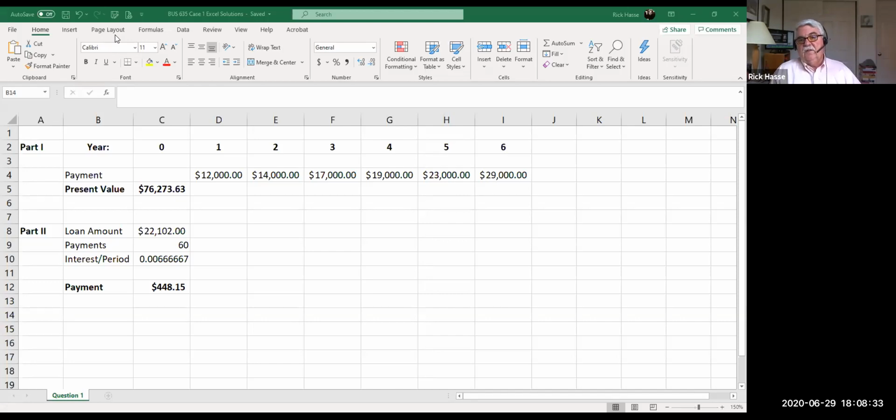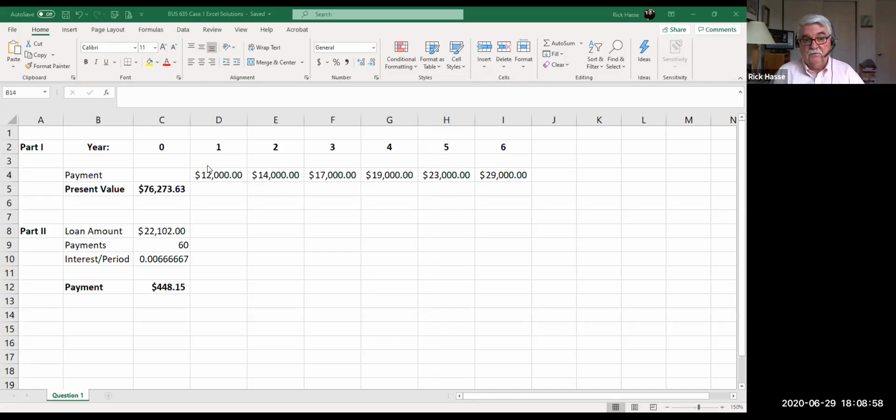What is the cost of money to take that future value of return and bring it back to today's dollars? In other words, this investment in part 1 is returning these dollars into the future, but it's costing us 11% to purchase the asset that enabled us to return those dollars.